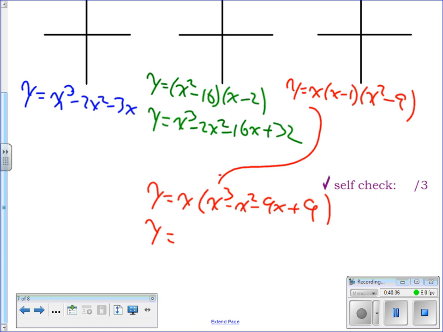So y equals x to the 4th minus x cubed minus 9x squared plus 9x. We good? Does that match? I hope. Saw a couple of nods out there. Good. Questions? Okay.